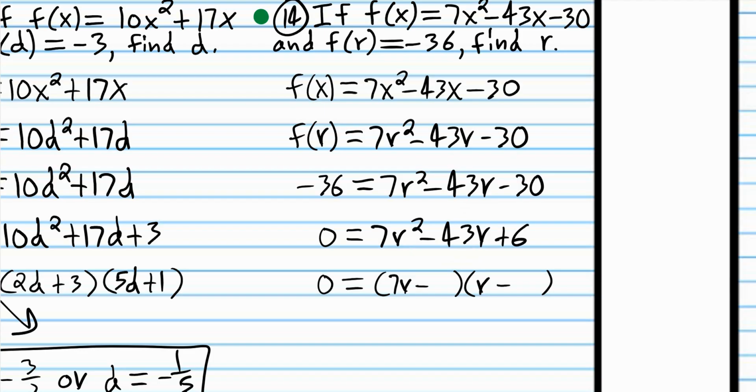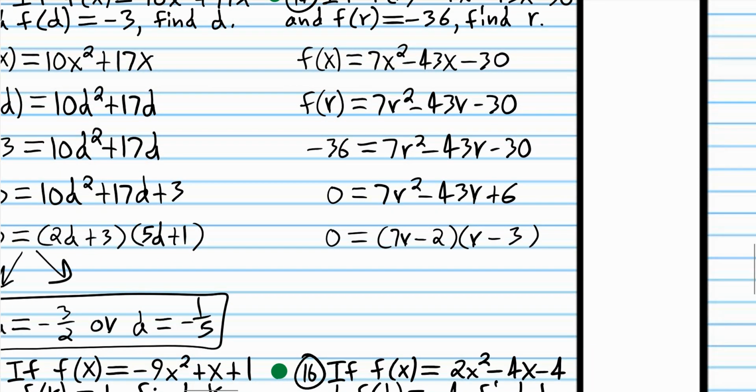When you add the outside term and the inside term in our FOIL acronym, you should get a negative. So that means both numbers have to be negative. So I'm going to try 2 and 3. So we have negative 21r and negative 2r, which is going to be negative 23r if you FOIL.